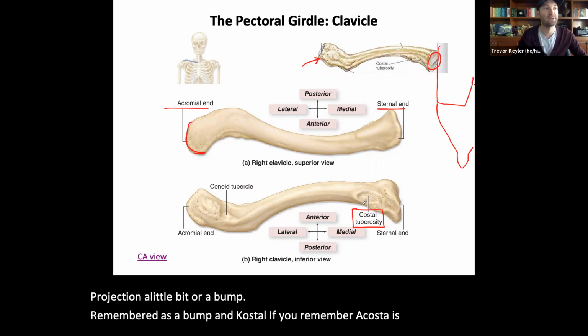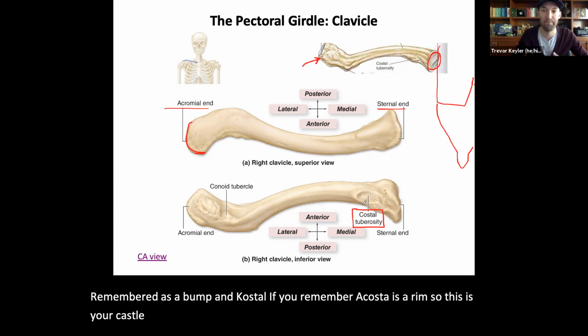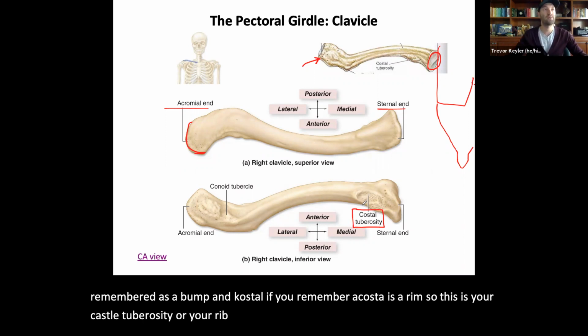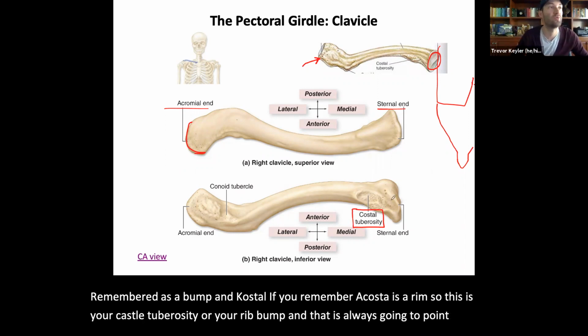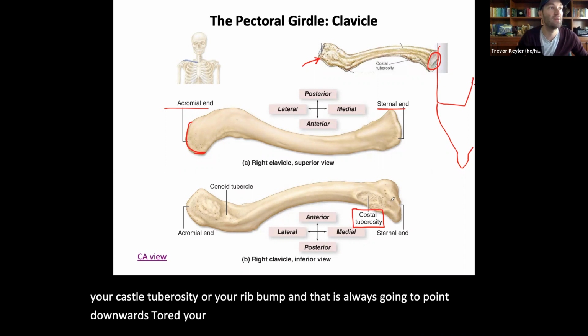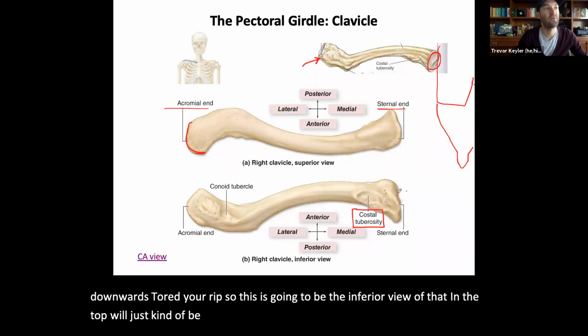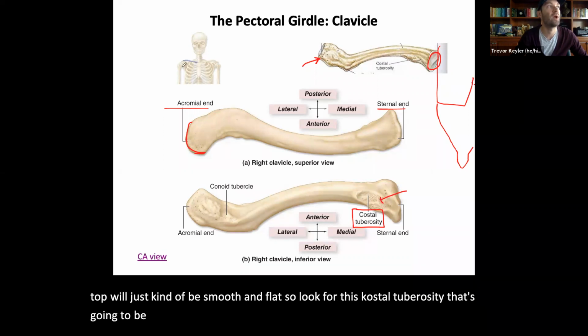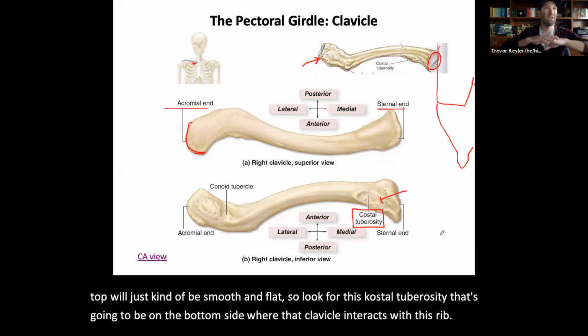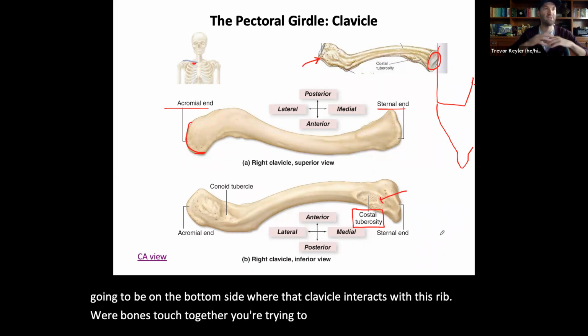So this is your costal tuberosity, or your rib bump, and that is always going to point downwards toward your rib. So this is going to be the inferior view of that, and the top will just be smooth and flat. So look for this costal tuberosity on the bottom side where the clavicle interacts with the rib. Where bones touch together, you get these rough surfaces and bumps that grow.